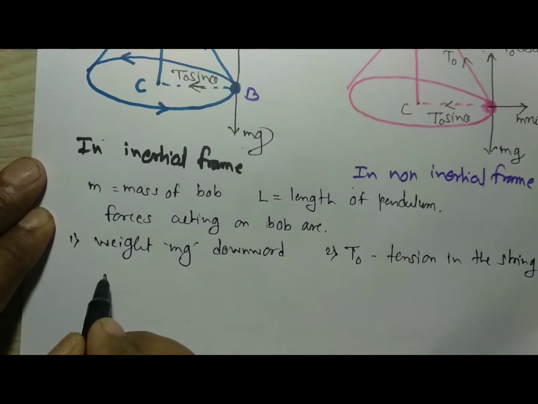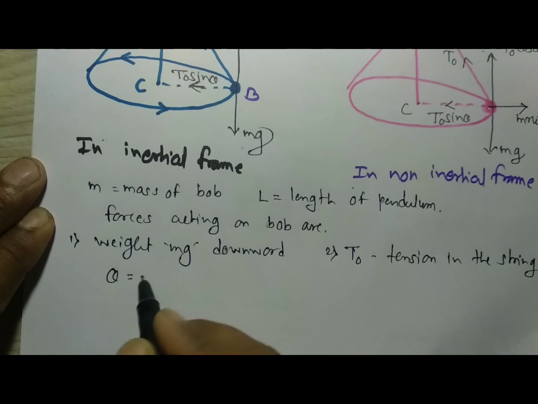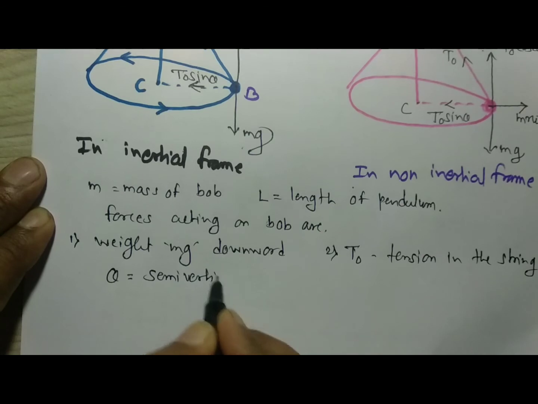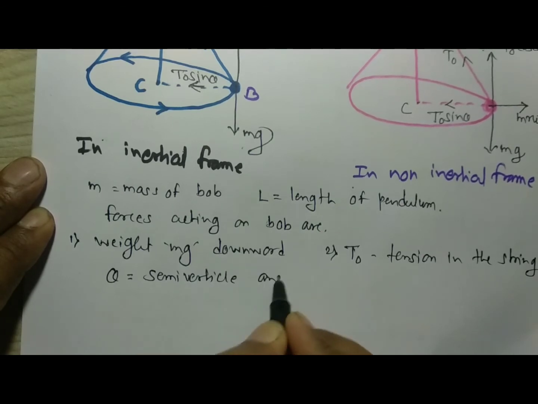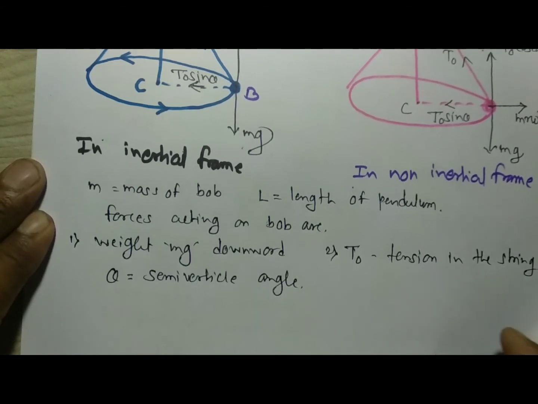Let us consider theta is here. Theta is an angle made by the string with the vertical. It is a semi-vertical angle. What does it mean?